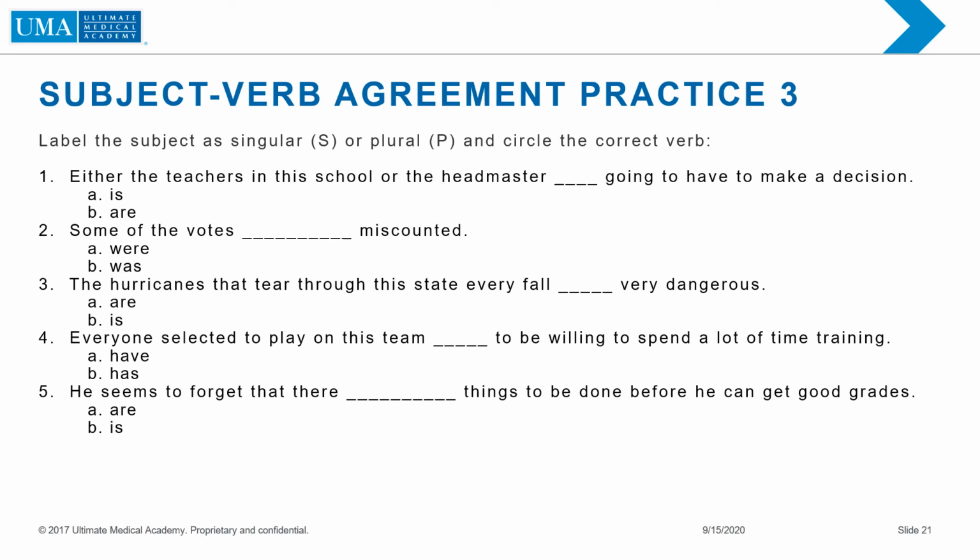Will it be have or has? Number 5. He seems to forget that there blank things to be done before he can get good grades. Is it are or is?